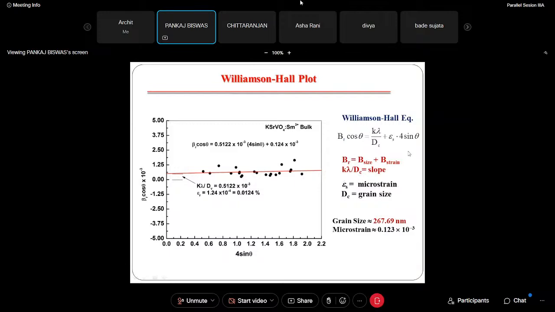This is the Williamson Hall equation in the y equals mx plus c format, where the slope and the intercept give the grain size and microstrain. The grain size was obtained to be 267.69 nanometers, and the microstrain was of the order of 10 to the power minus 3.